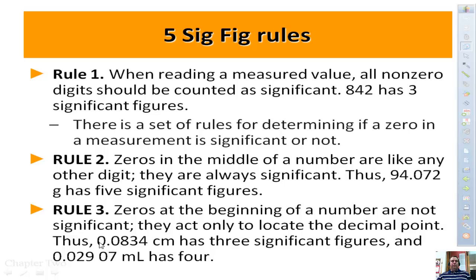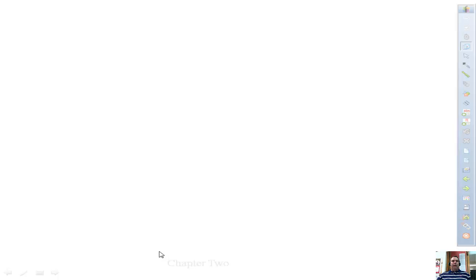So what I do is I just go ahead and I cross them out and I say, well, the 8, the 3, and the 4, those count. These down here, these front 2 zeros, they're not going to count. The 2, the 9, and the 7, that's rule 1, non-zero numbers. Those are significant. This 0 here, that's rule 2. That's my sandwich rule. So this number here has 4 significant figures. Rule 3 is telling you these front two zeros that are used just as placeholders are not going to count as sig figs.